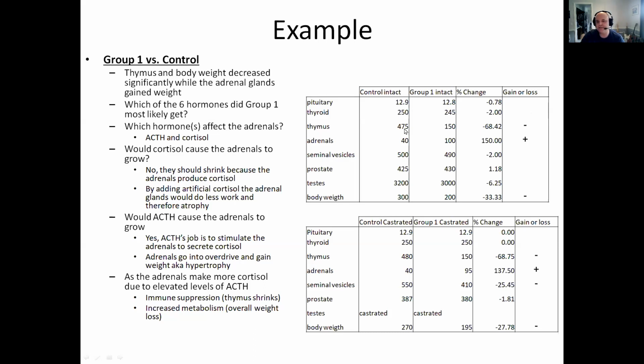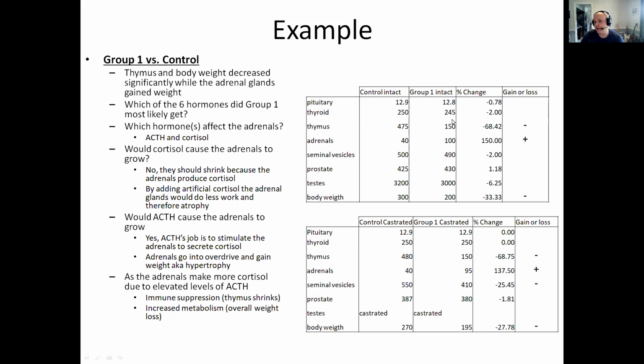Now we see here we go from 475 in the control to a really low 150. You can eyeball this and know that that is more than a 20% loss, right? If this thing had lost half, what's half of 475? It's 237-ish. If this was 237, it would be a 50% loss, okay?